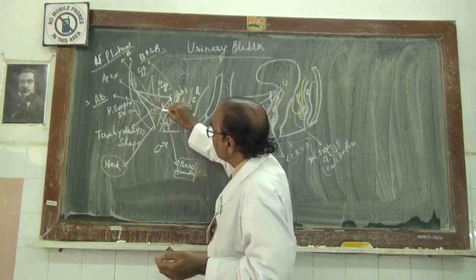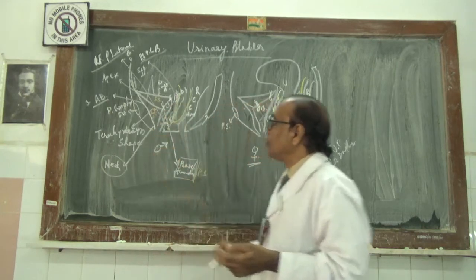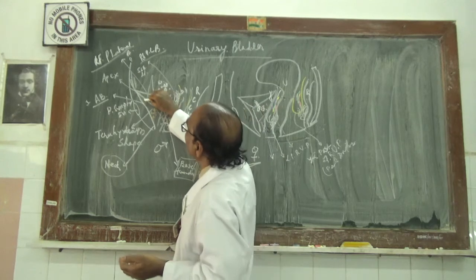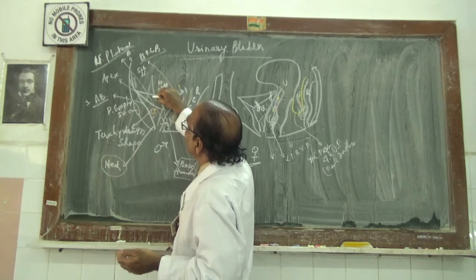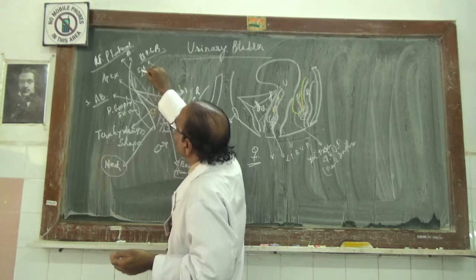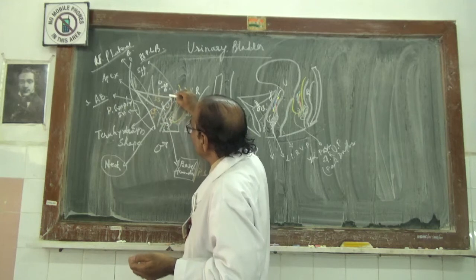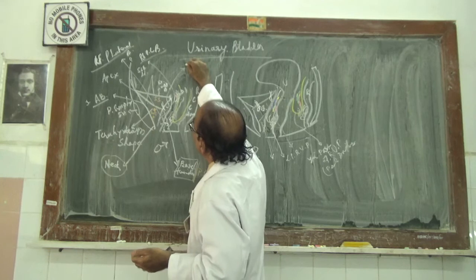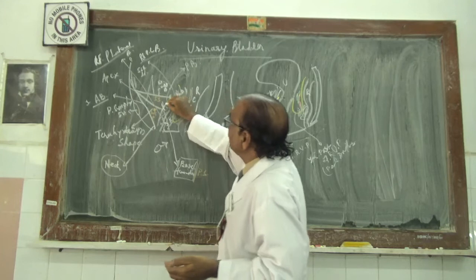Now these right and left posterolateral borders start from the ending of the right and left supralateral border, as well as from the ending of the posterior border.